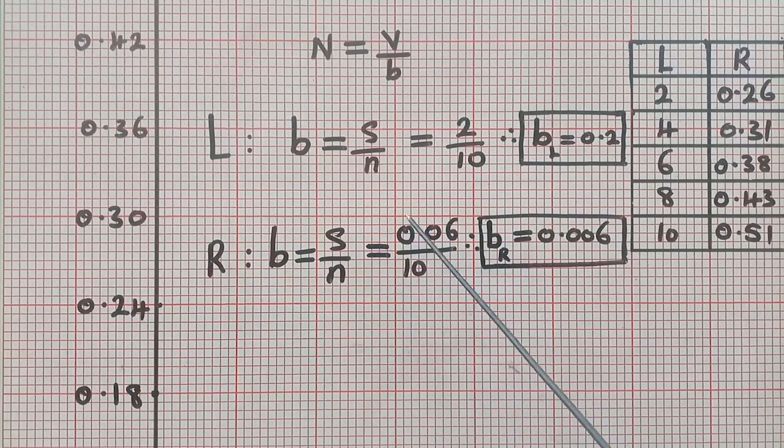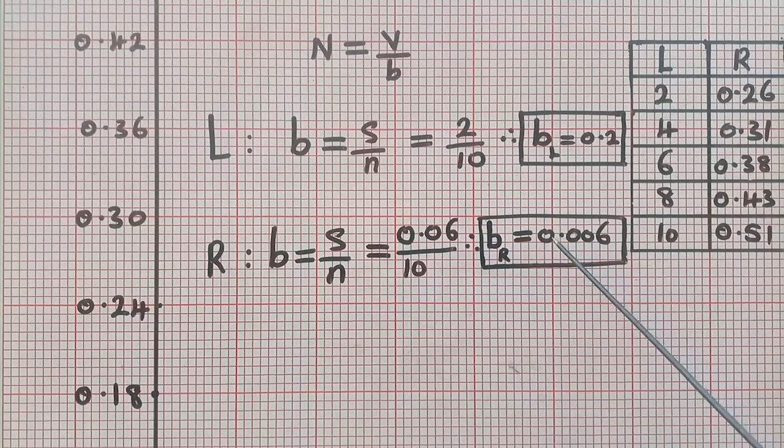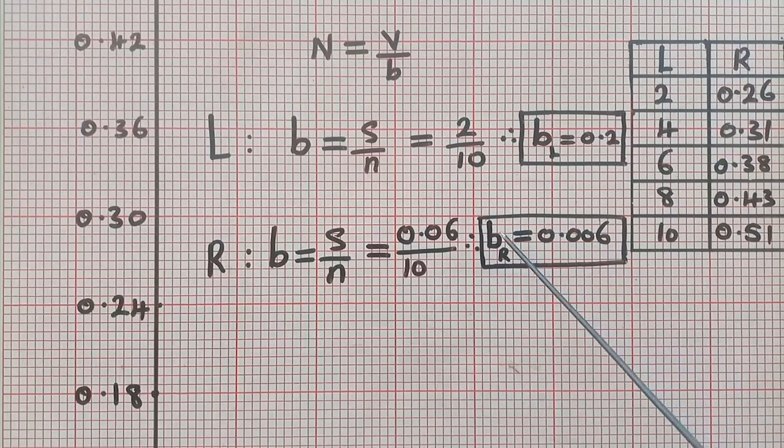Therefore, scale 0.06, number of boxes in one interval 10. 0.06 over 10 is equal to 0.006. Therefore, BR is equal to 0.006, meaning the value of one small box, one unit box along this axis.